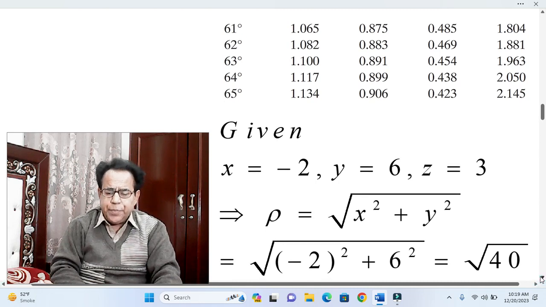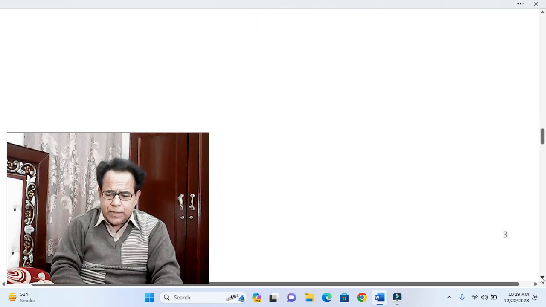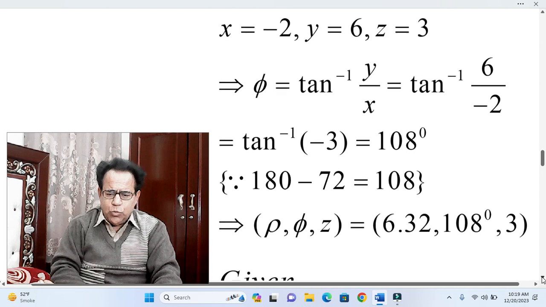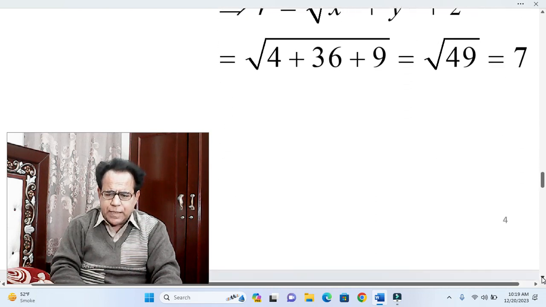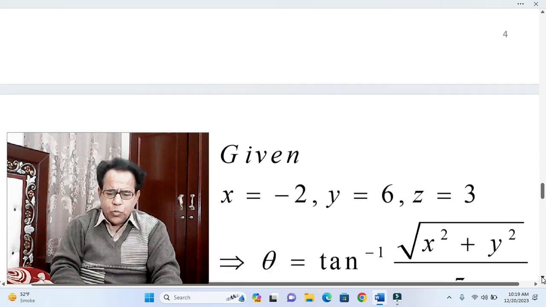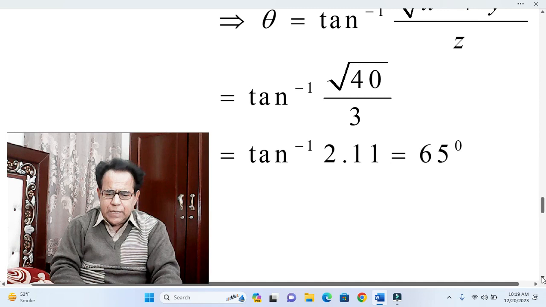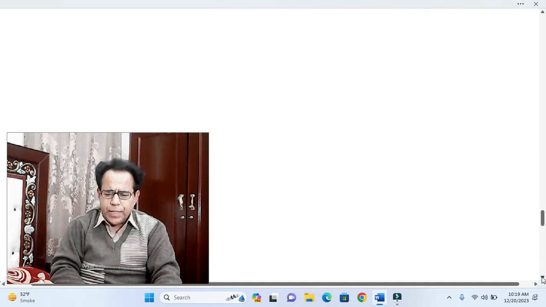I think the matter is quite clear, no further explanation needed. We can also take such values directly from an online calculator, from the internet, from Google. But for the first time I am dealing with these values manually.